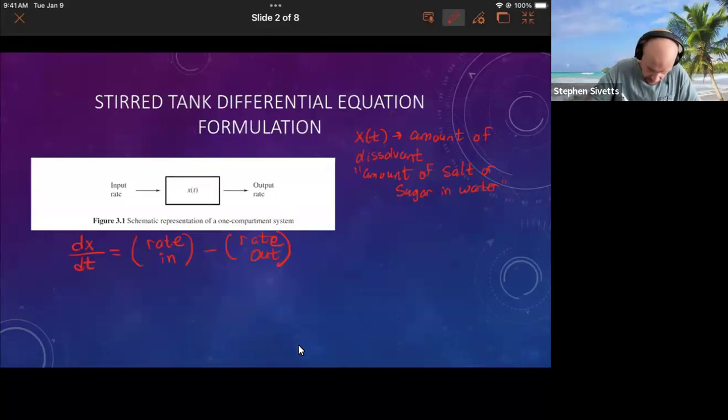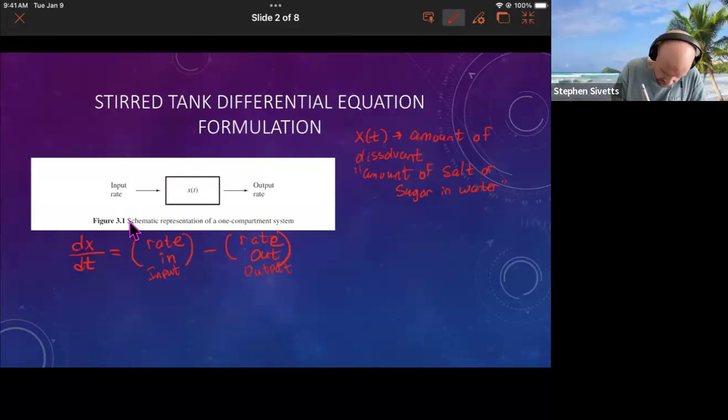Rate in, so the input, and the rate out is just your output, right? So before we get into an example of the stirred tank differential equation, we should go over some definitions here.